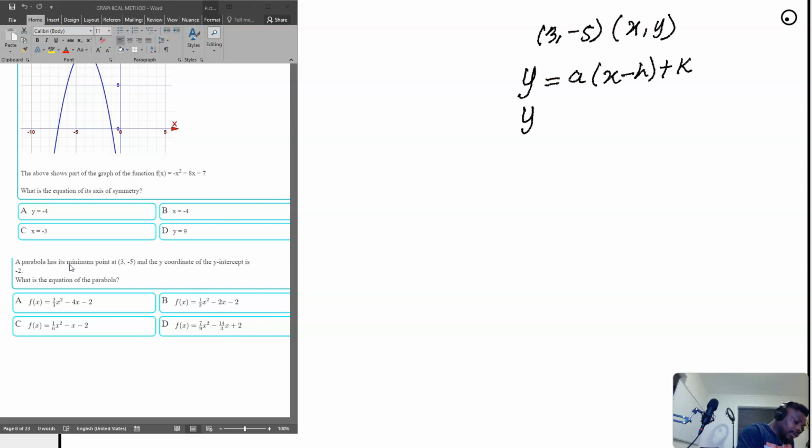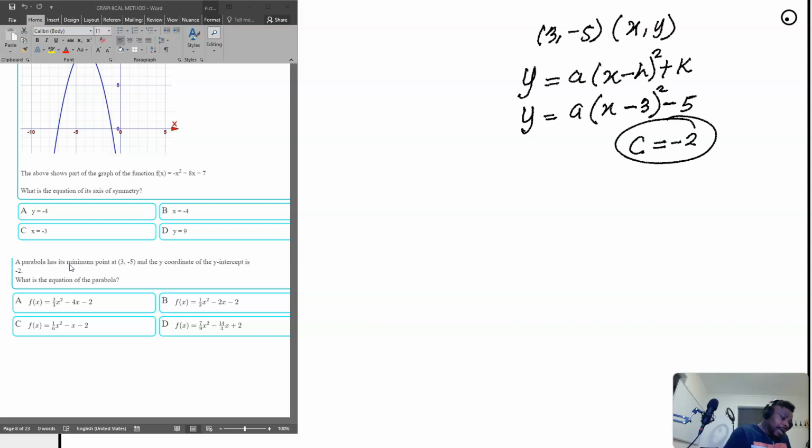They've already told us that our h is 3 and our k is minus 5. And the y coordinate of the y-intercept is minus 2. That means they're giving us that c is equal to minus 2.